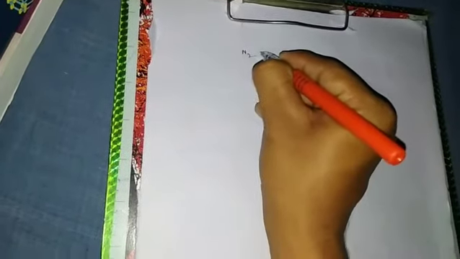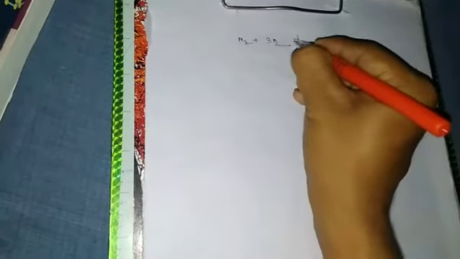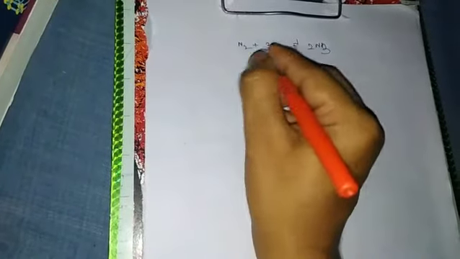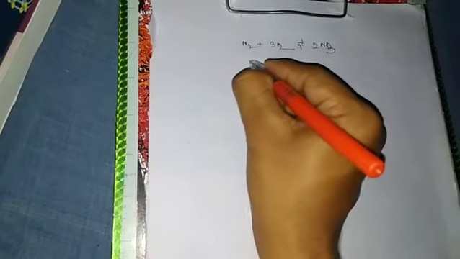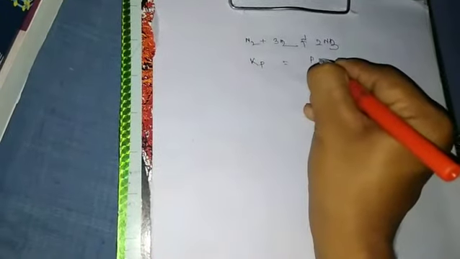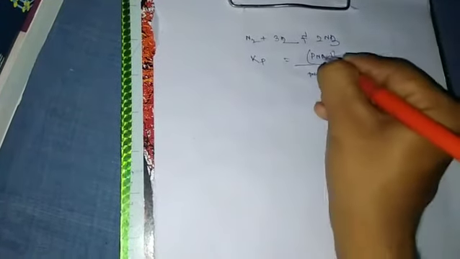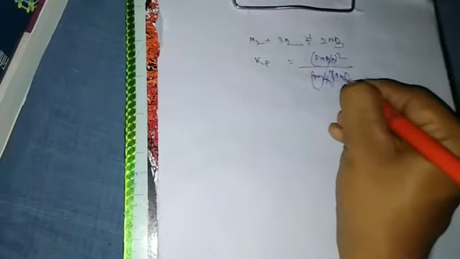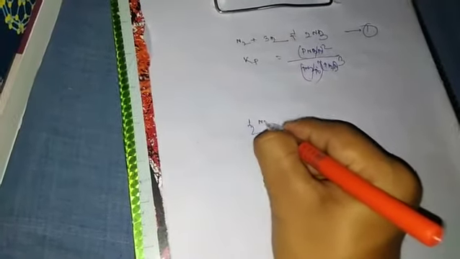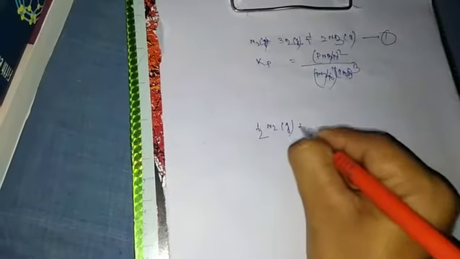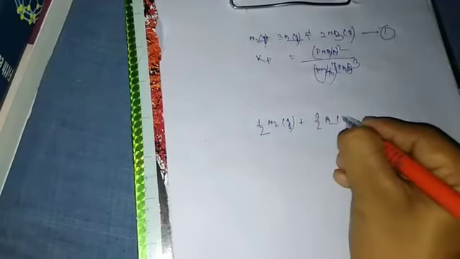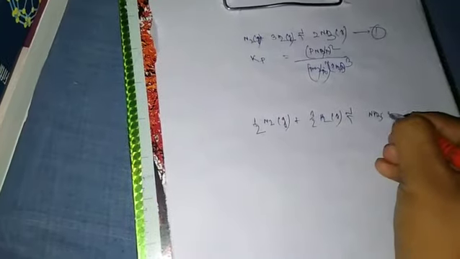Now if we divide this N2 plus 3H2 gives 2NH3 equation by 2, the new reaction will be half N2 plus 3 by 2 H2 gives NH3.